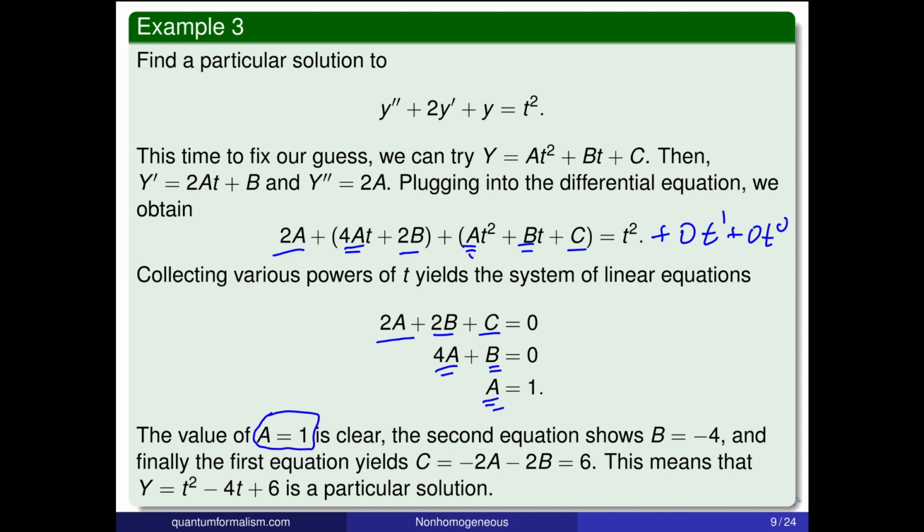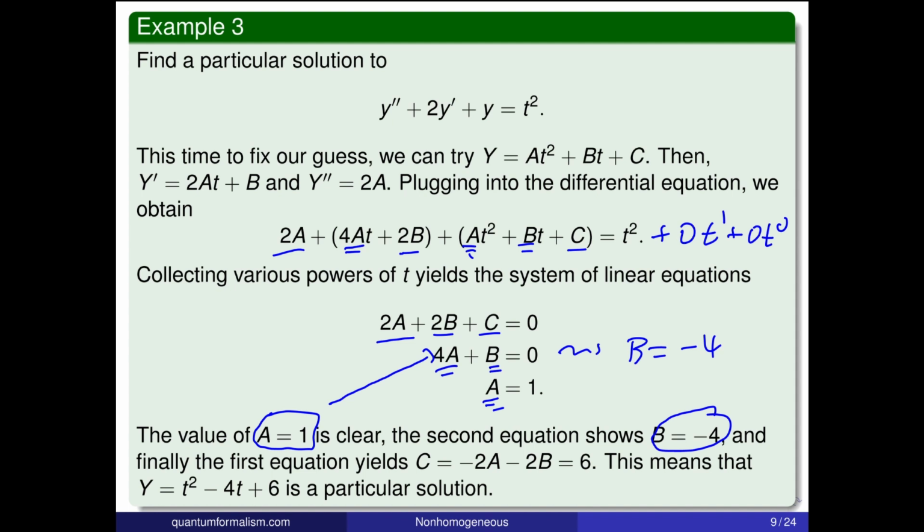All right, so luckily the linear algebra is much friendlier than it might have been, right? We could have run into some kind of system of 3 equations and 3 unknowns with some messy linear algebra, but here we kind of lucked out. We got a equal to 1 immediately, then we can plug that into the second equation right away to get b equal to minus 4.